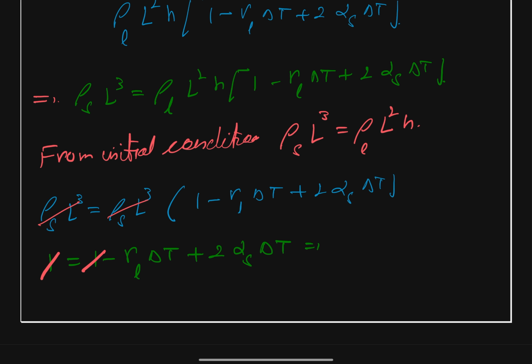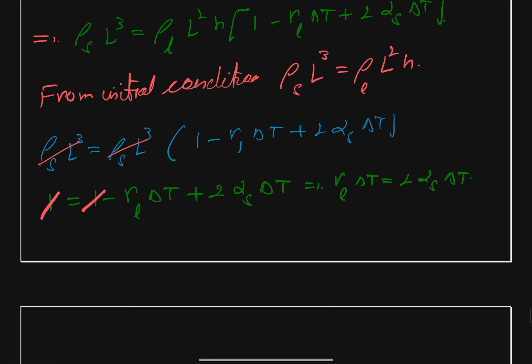Therefore from here we get gamma L delta T equal to twice alpha S delta T, and obviously delta T cannot be equal to 0. Therefore we can write that gamma L is equal to twice alpha S. This is our final relationship.